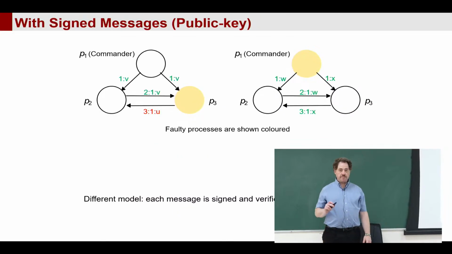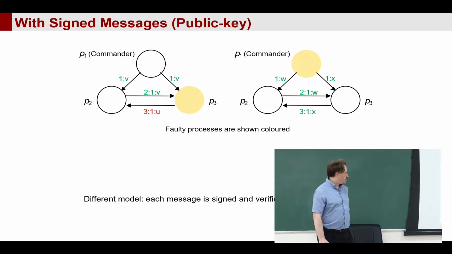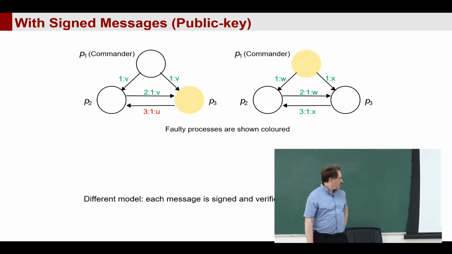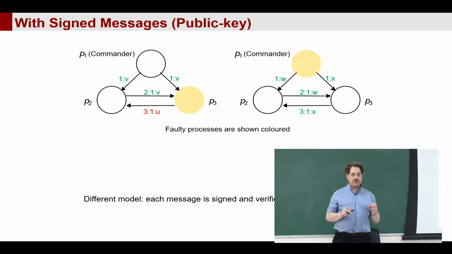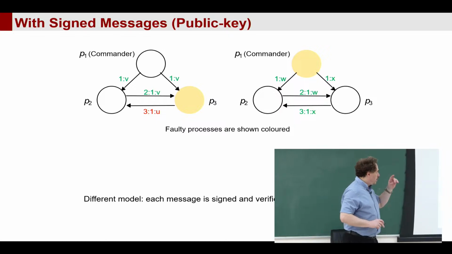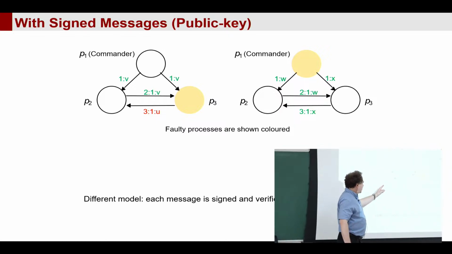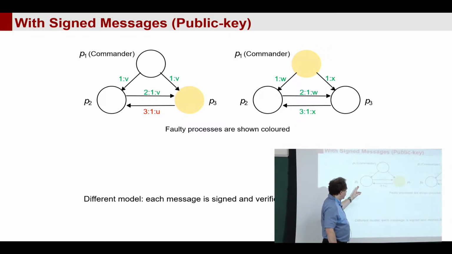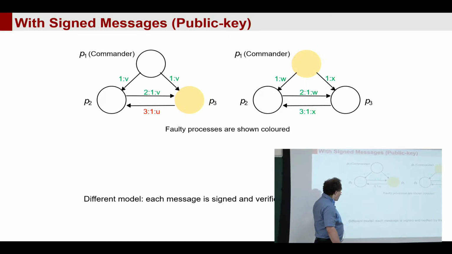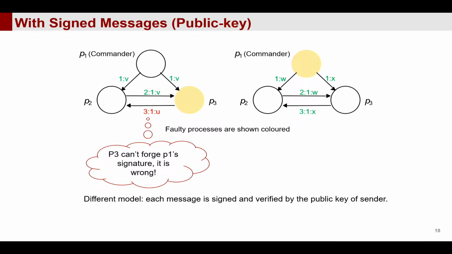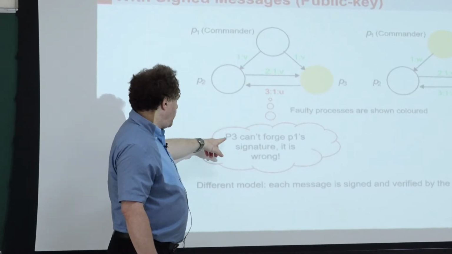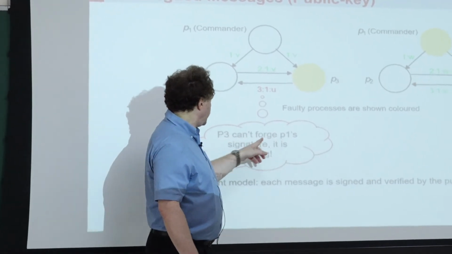The result can be alleviated, mitigated with digital signatures. So if every message is signed, the result doesn't exactly hold. That's the same scenario, but with digital signatures. In this scenario, P3 cannot forge P1's signature.